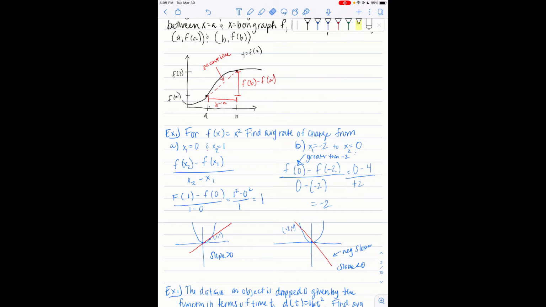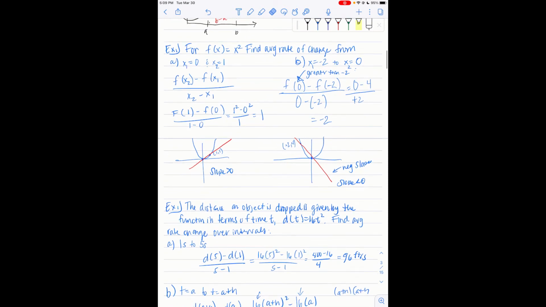We have a, f of a, and then b, f of b, and then the secant line, we're finding the slope. And remember, the slope is the rise over run. So our rise is the difference between f of b and f of a, and the run is the difference between b and a. So we're just finding the slope of that secant line that connects those points, and that's going to be our average rate of change.